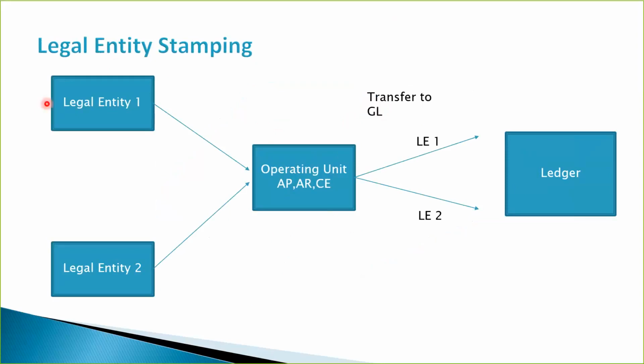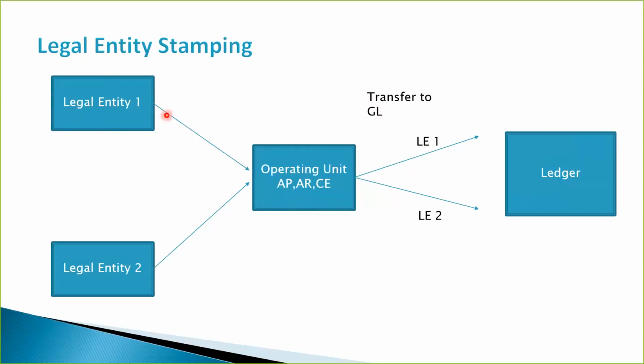Because this operating unit is doing transactions for the legal entity. This is where the trades with the outside world for the legal entity take place, right? So even when we are doing the reporting, we are doing reports for the legal entity or for the company.